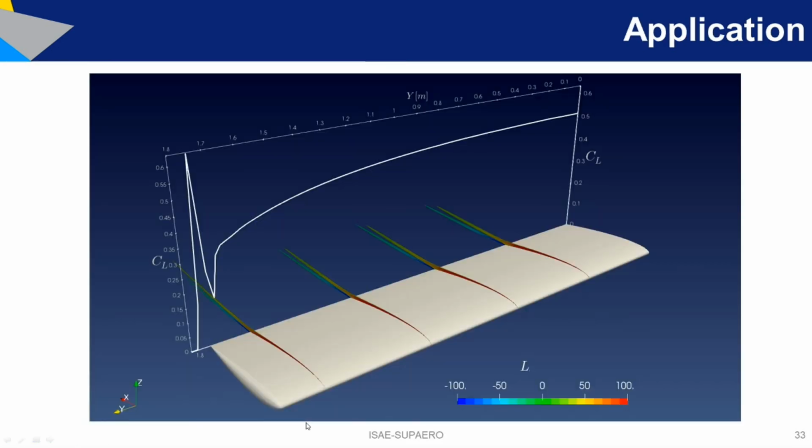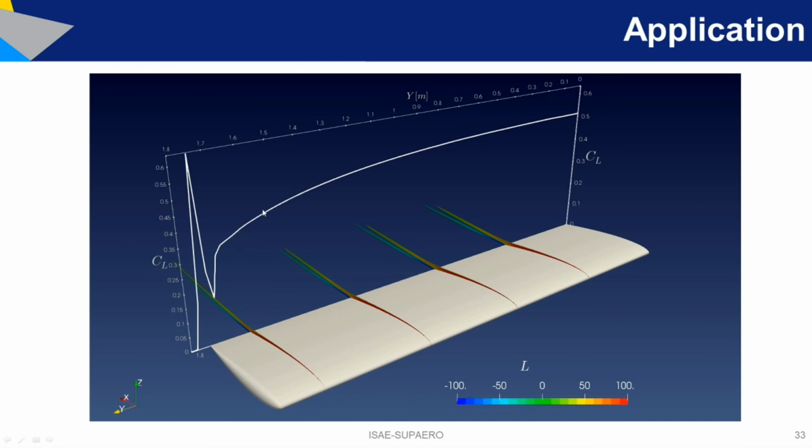So this is an application, again a 3D case that you can find on the Epsilon website. It's a rectangular wing with an AK-12 airfoil, and basically I'm computing point by point the lambda vector, or more precisely the lift contribution at each point due to the lambda vector. And this is integrated, of course, at each section to provide the lift at each section.